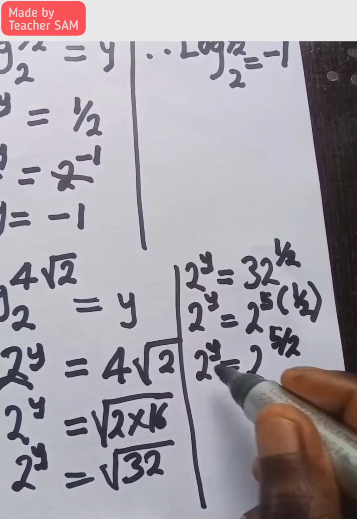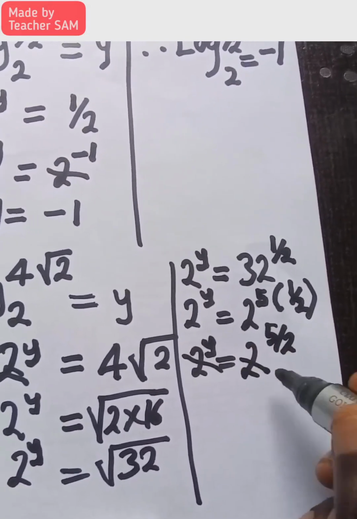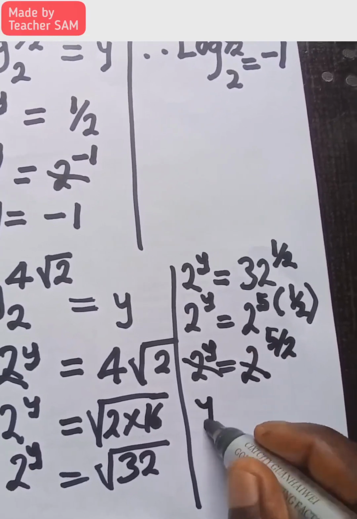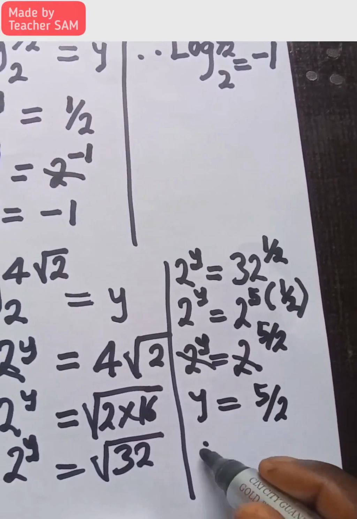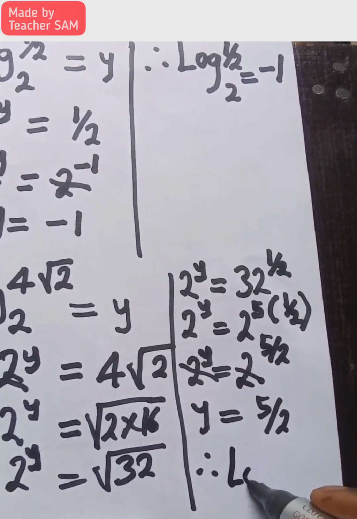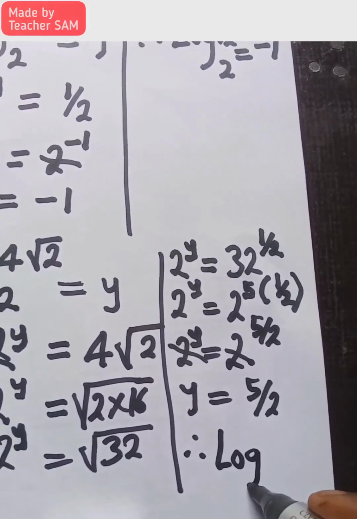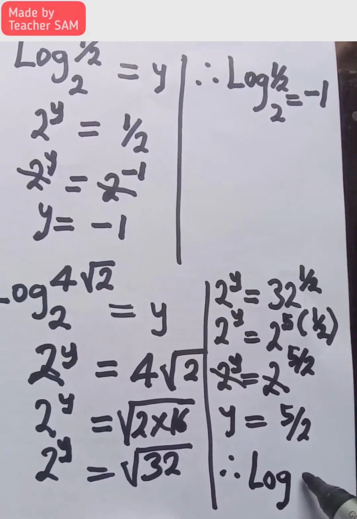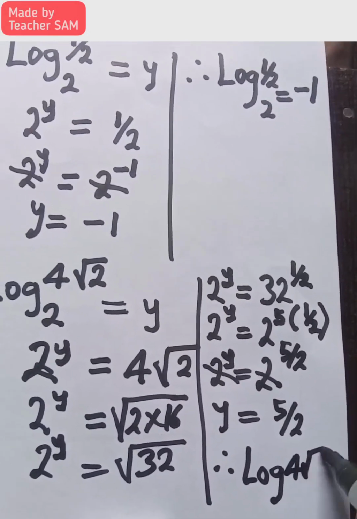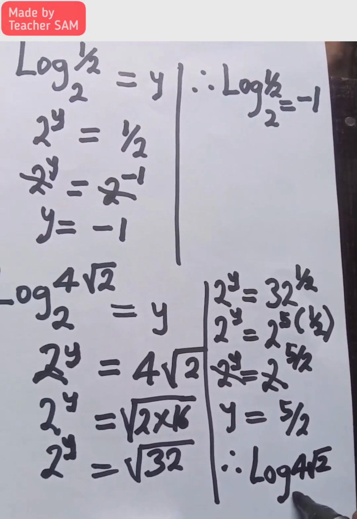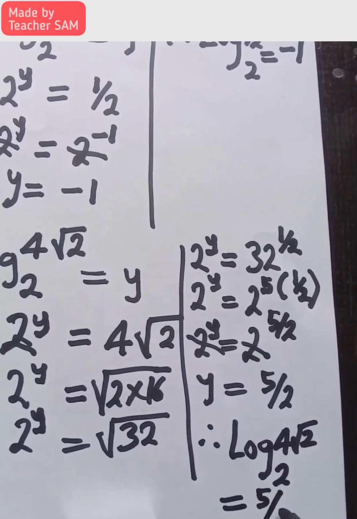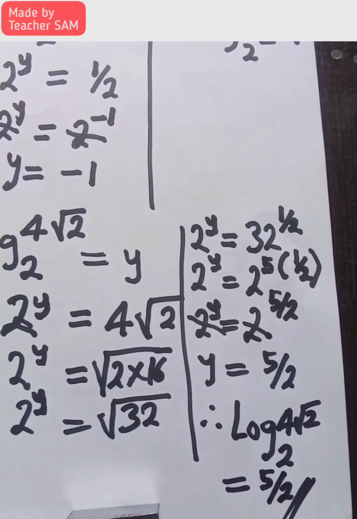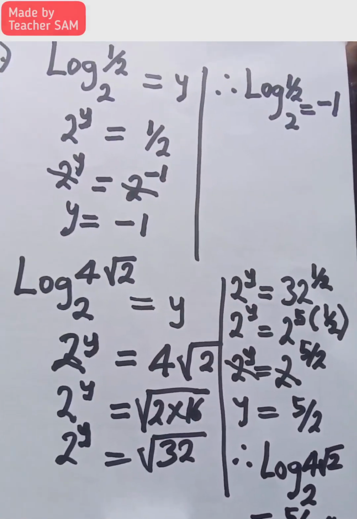So we have that. Now this and this are common, so we can strike that out. Our y is equals to 5 over 2. Therefore our log of 4 root 2 to base 2 is equals to 5 over 2. So that is the answer to that question. It's as simple as that.